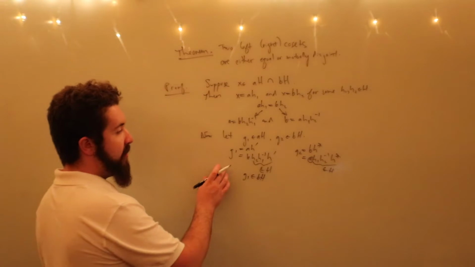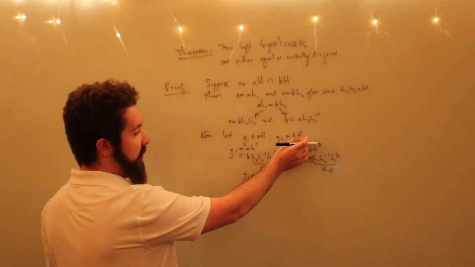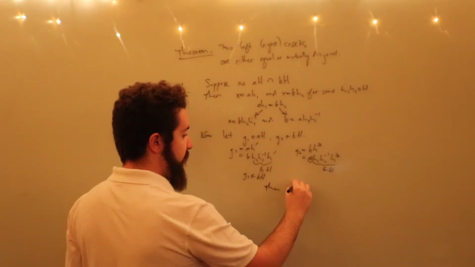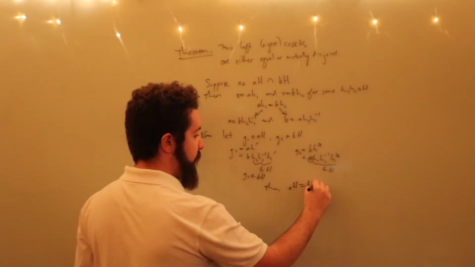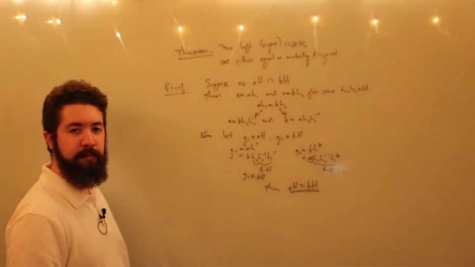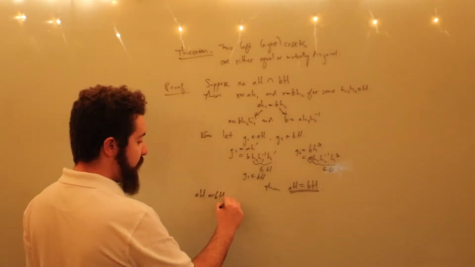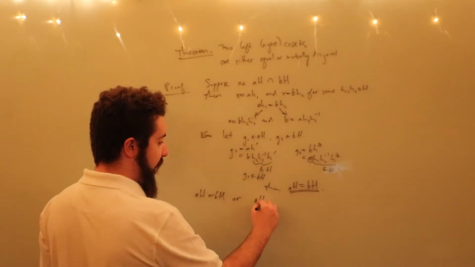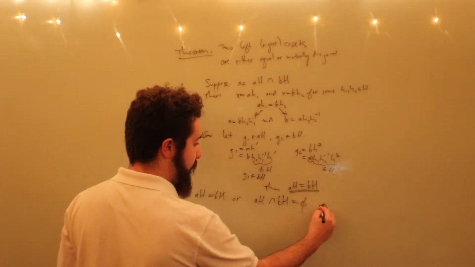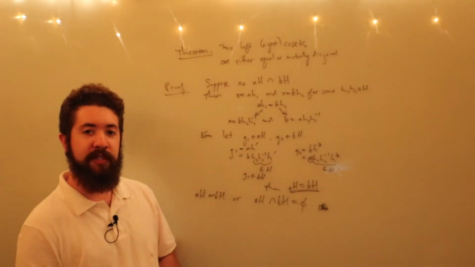So if an arbitrary element in this set is in this set, and an arbitrary element in this set is in this set, then we conclude that aH is equal to bH. They are the same coset. So we have that aH equals bH, or aH intersect bH is the empty set. And we have our theorem. They're either equal or mutually disjoint.